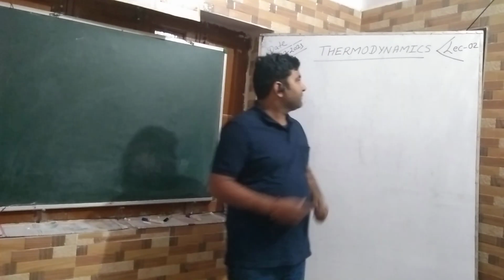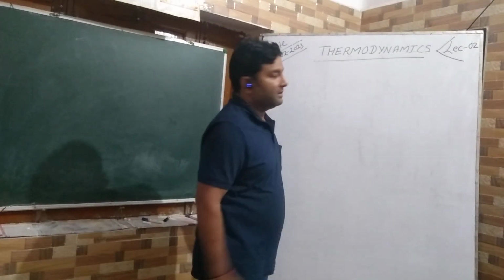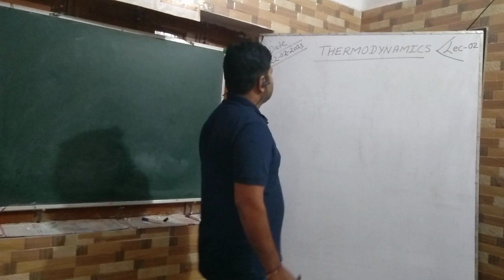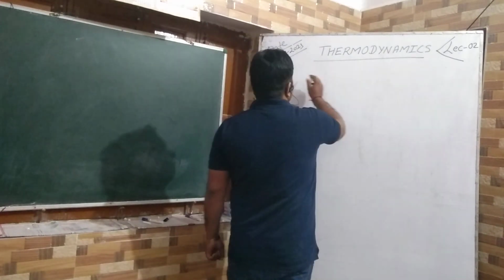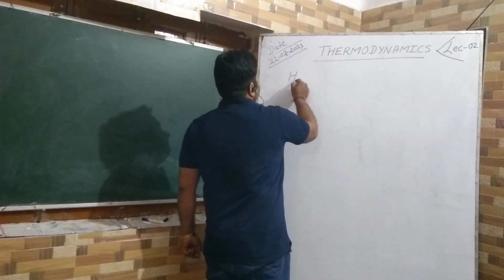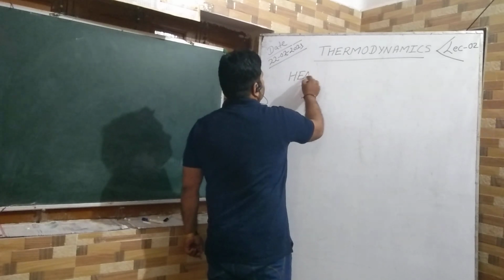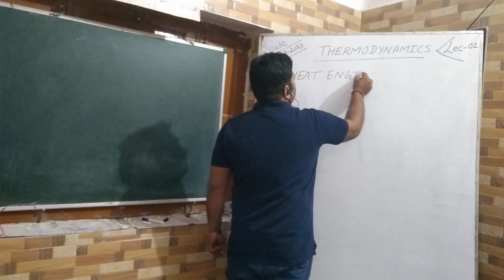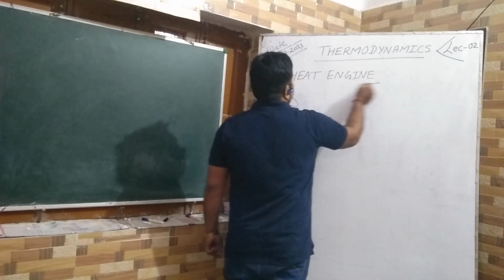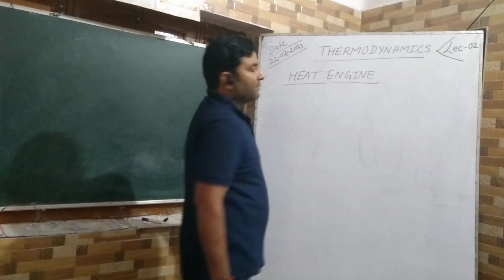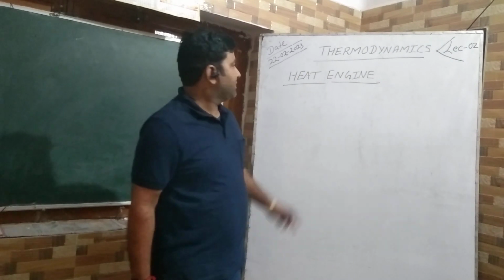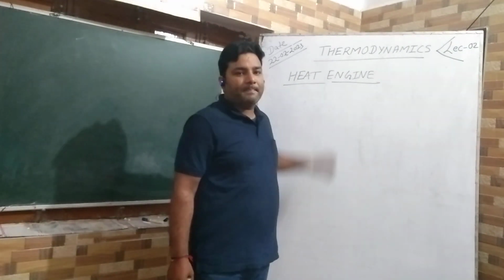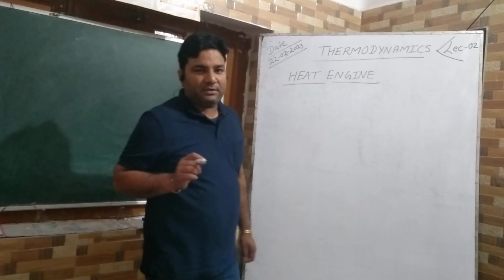This is the second lecture related to class 11 physics, and in this lecture today we will discuss two more topics, that is heat engine and heat pump. The first thing about heat engine, just try to understand the heat engine concept.